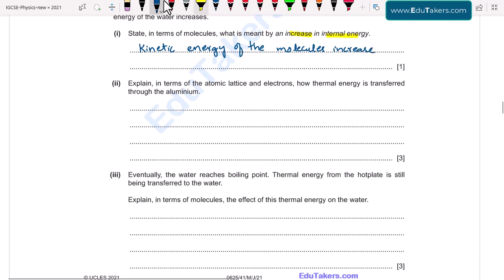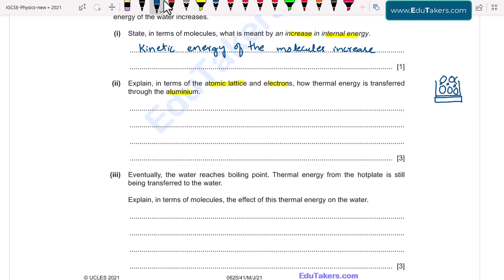Part 2. Explain in terms of atomic lattice and electrons how thermal energy is transferred through the aluminium. So first of all, again I consider that it's the hot plate and it's the saucepan that is made from aluminium. And here we have to explain in terms of atomic lattice and electrons. And I consider that these are electrons and atoms inside this.